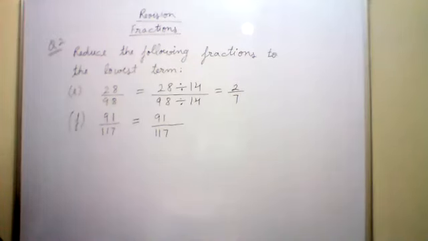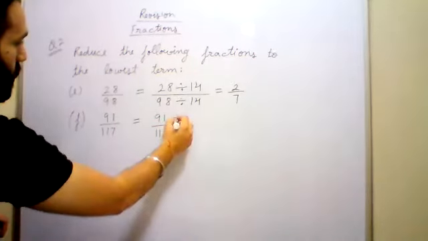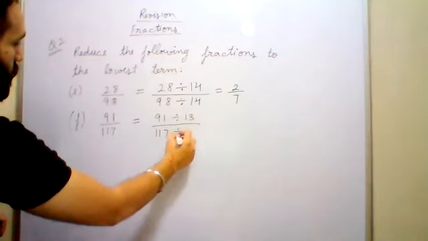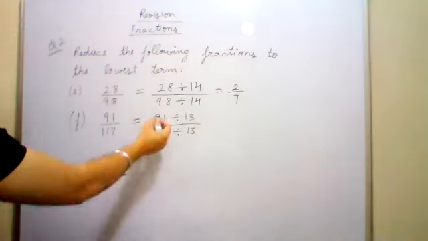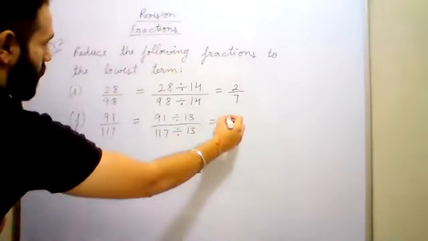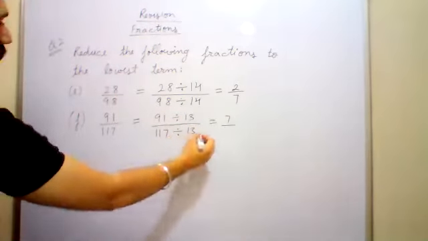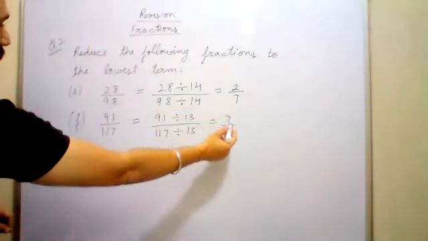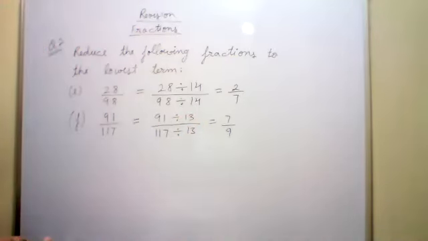Beta, please be quiet. I know you all have done it. Very good. I know the HCF is 13. Don't speak together. 91 divided by 13 is 7 and 117 divided by 13 is 9. 13 is your HCF and the answer is 7 upon 9. These are the two answers.